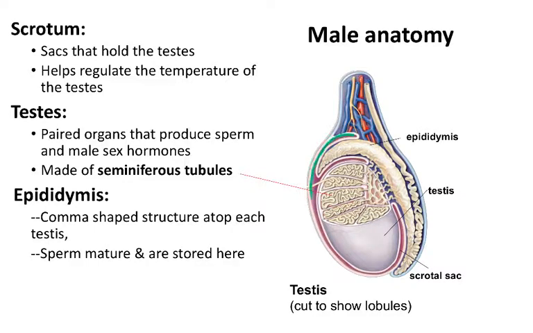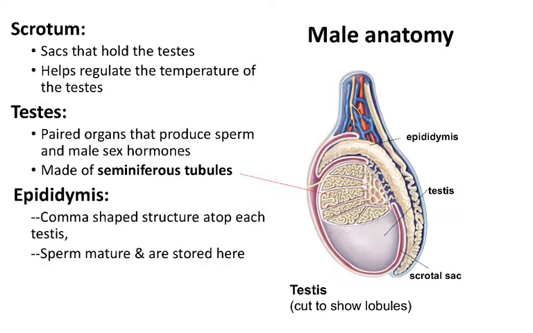They're the sort of darker pink things that draw the scrotum up closer to the body if it's cold, in order to keep the testes at the right temperature for sperm production. Or if it's quite warm, those muscles will relax and allow the testes to hang farther from the body.